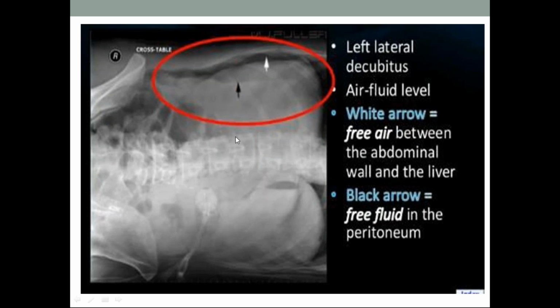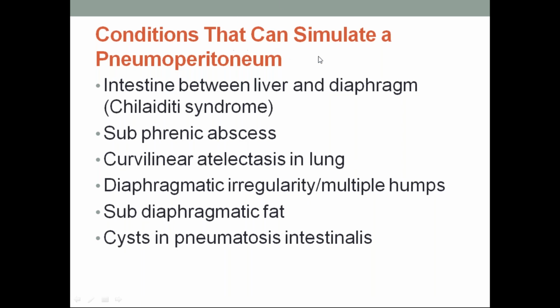in pneumoperitoneum, and conditions that can simulate a pneumoperitoneum. If we find any free air in the plain abdominal radiograph, what are the conditions which simulate pneumoperitoneum? Actually, we will first think of the normal pneumoperitoneum. In that condition, normally we will go for any perforation. In these conditions, only the free air will come.